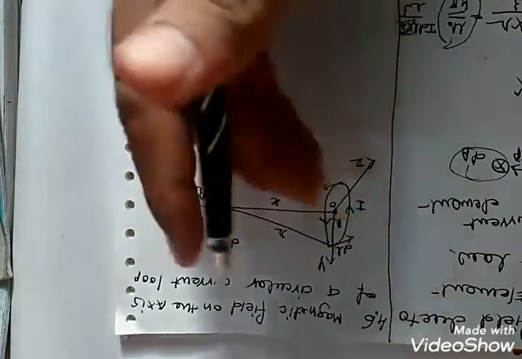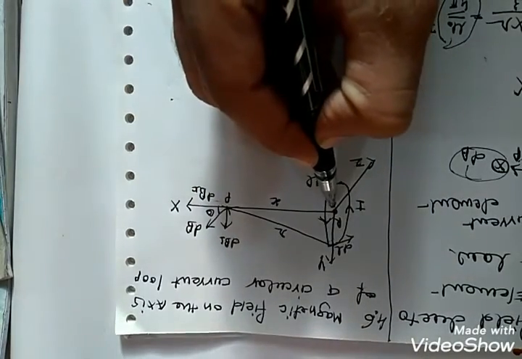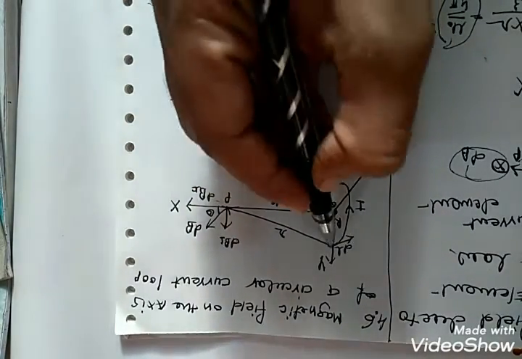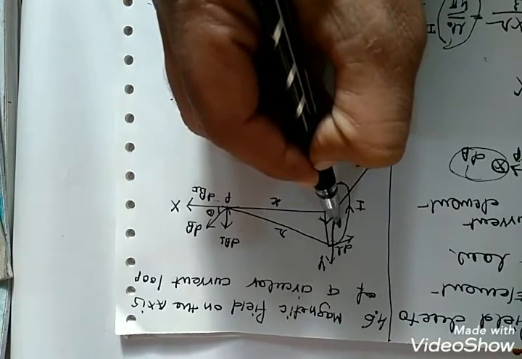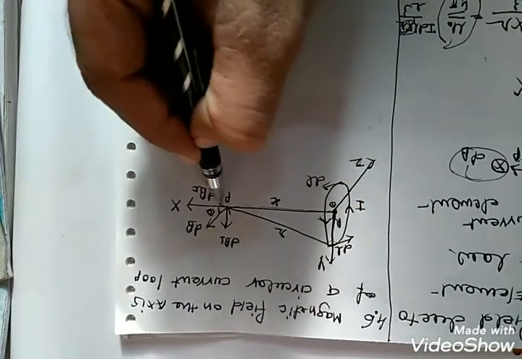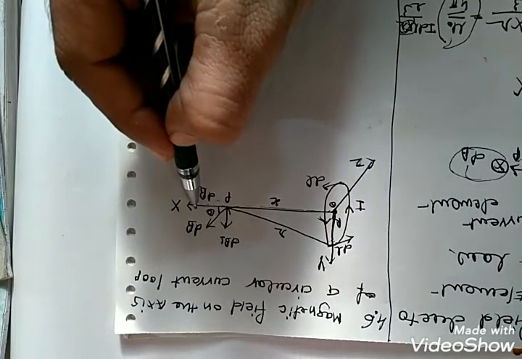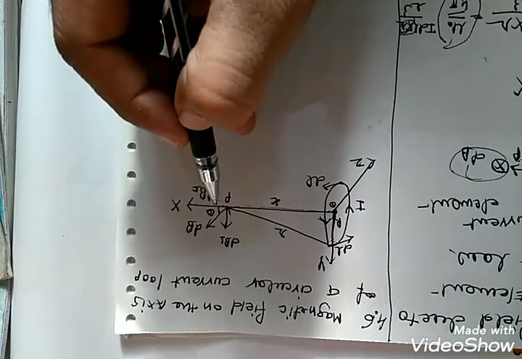The loop lies in the YZ plane with its center at origin O and has a radius R. This X is the axis of the loop.